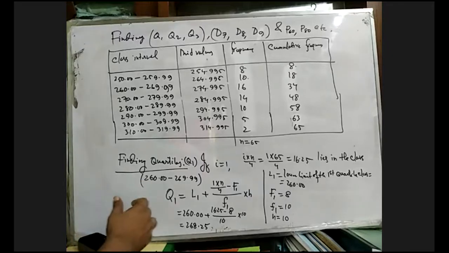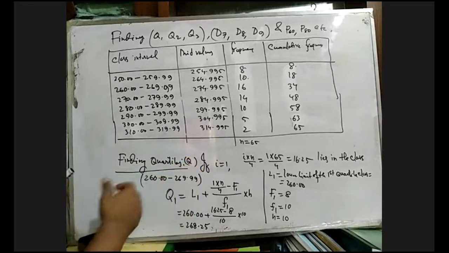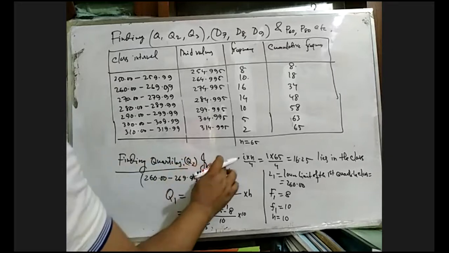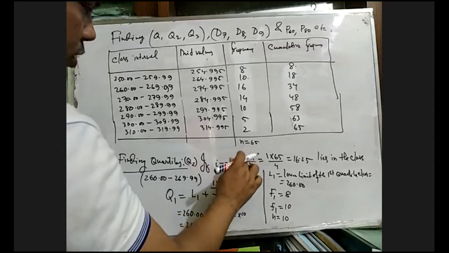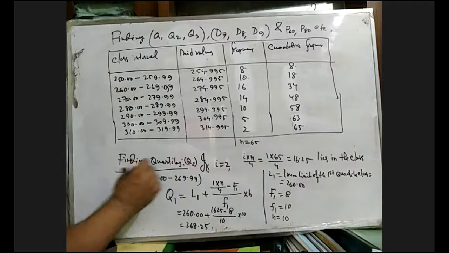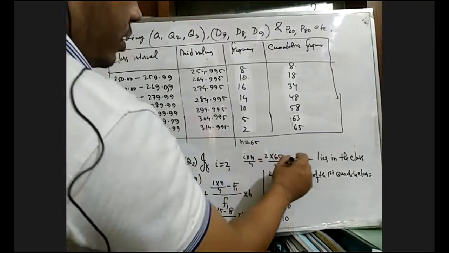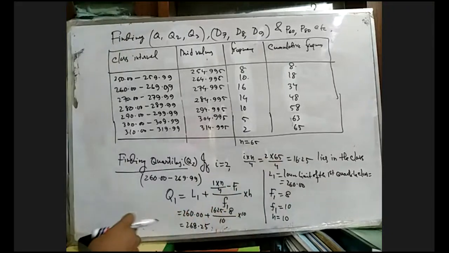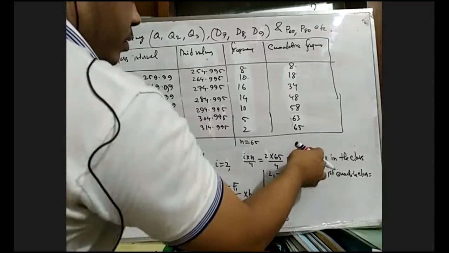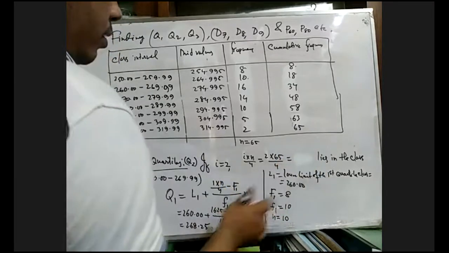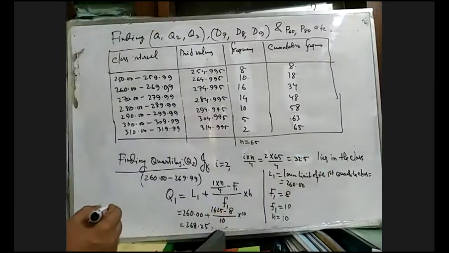Now finding Q2. For Q2, i equals 2. So we get 2 multiplied by n by 4, which is 32.5.